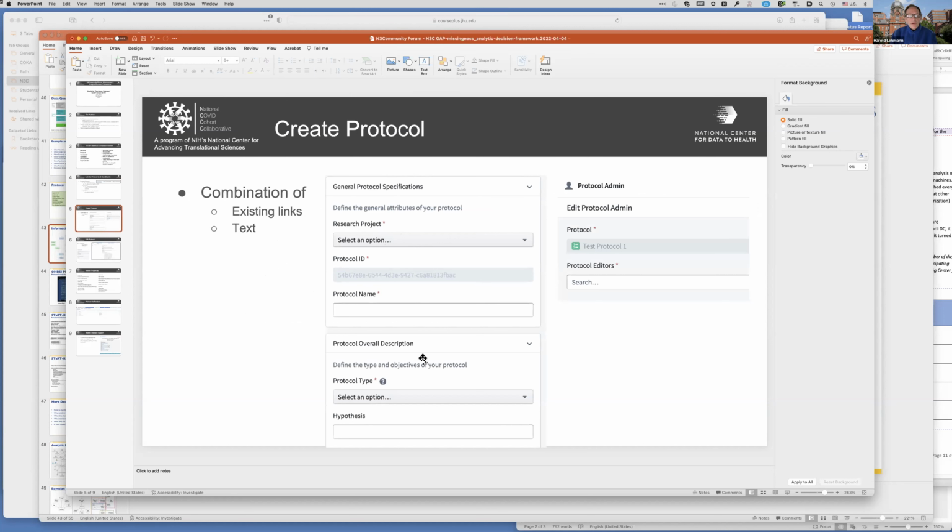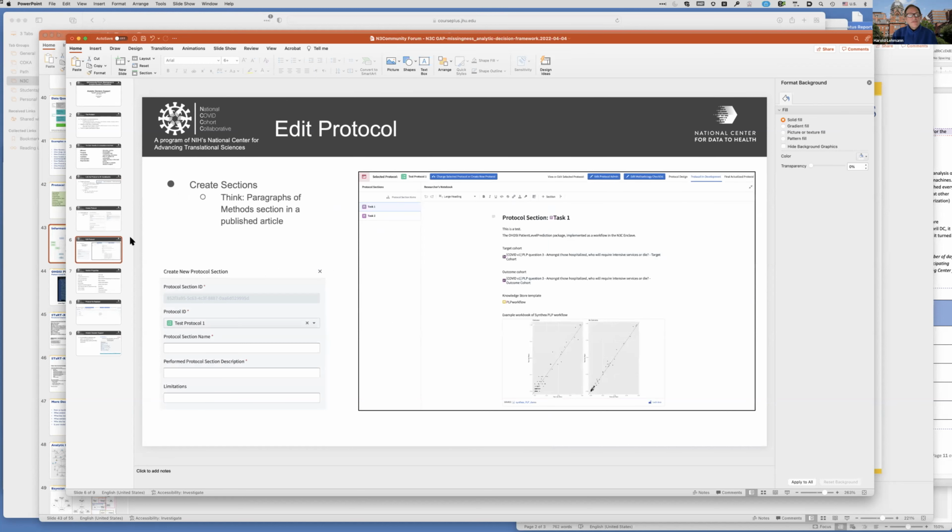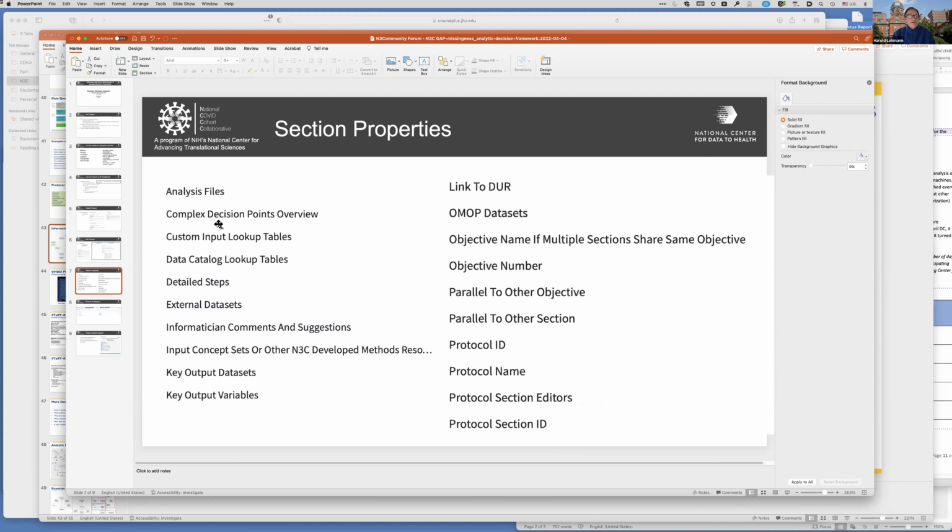So you can create a new protocol. There's administrative information. There are URLs and URIs that it gives you. You can edit a protocol where you can design sections. A protocol has different phases, and within each phase there are sections and examples of different types of sections. These are properties.